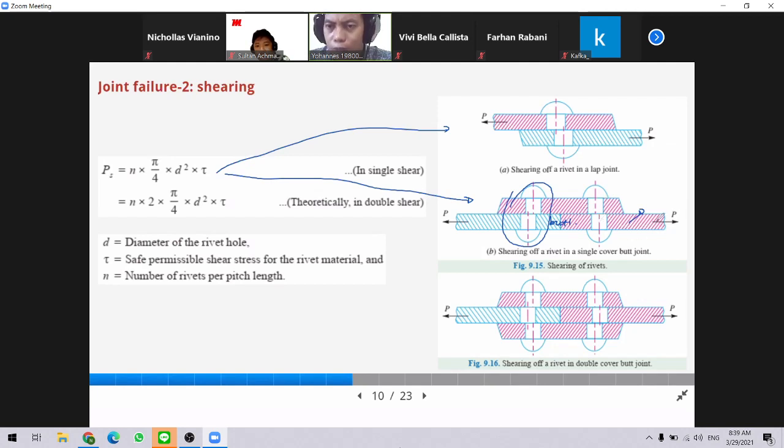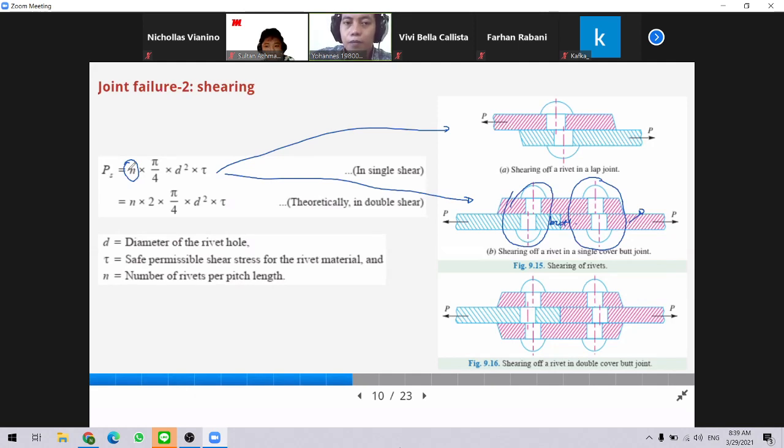So in order to maintain this plate in its place, we need another rivet. So we put 2 rivets in this single pitch. That's why we put N here, because sometimes it consists of 1, and in other cases it consists of 2 rivets.